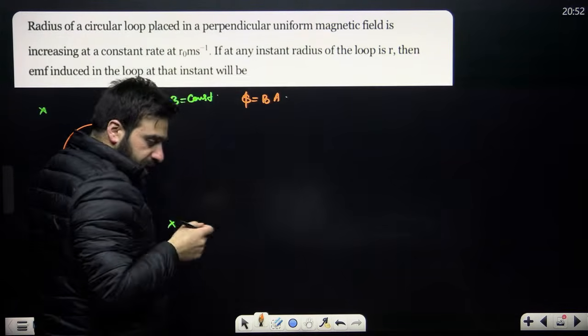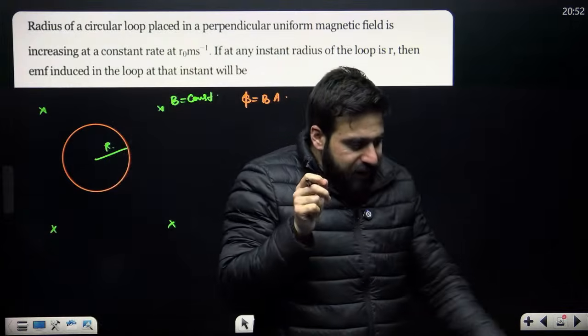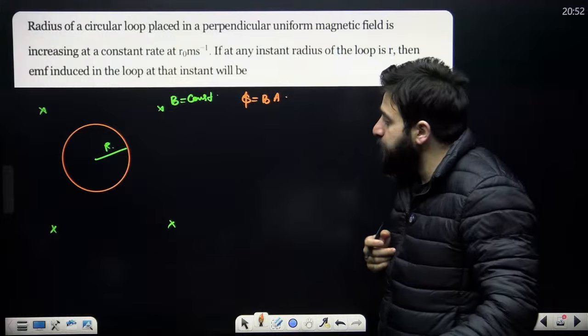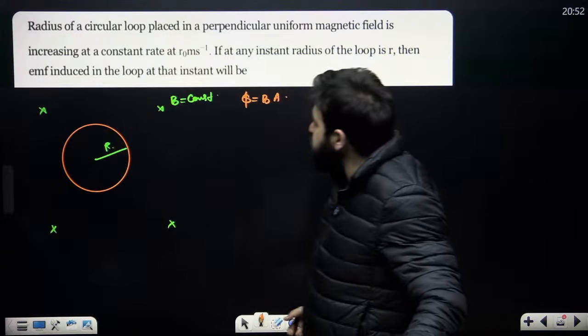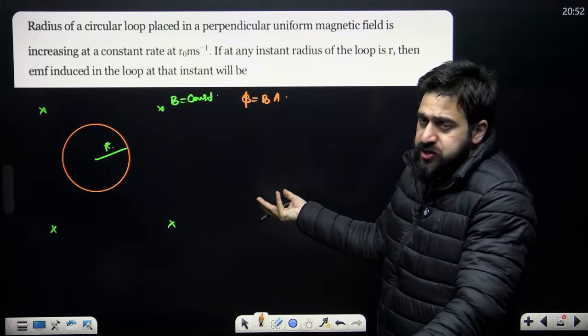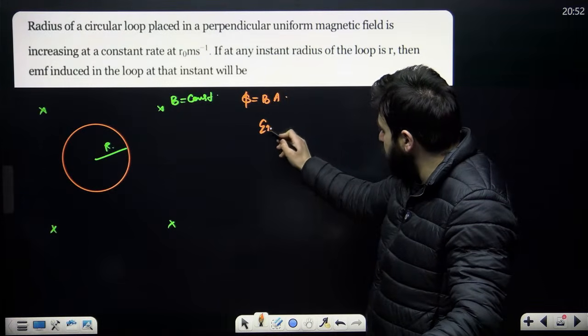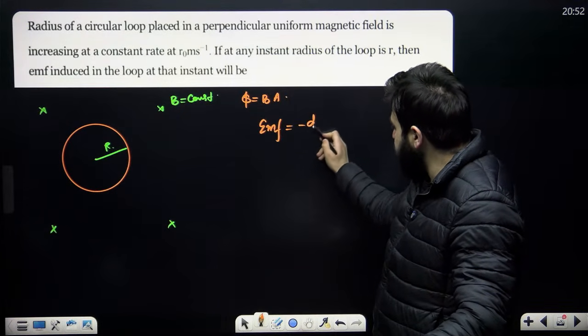If magnetic field changes, flux changes. If area changes, then also flux changes. We know if flux changes, EMF is there. In this particular case, EMF is going to be minus d phi by dt.